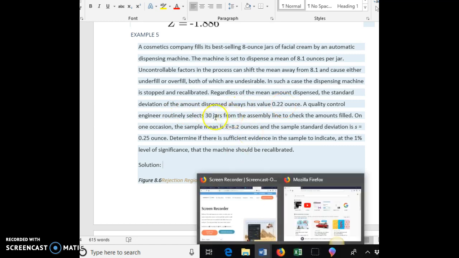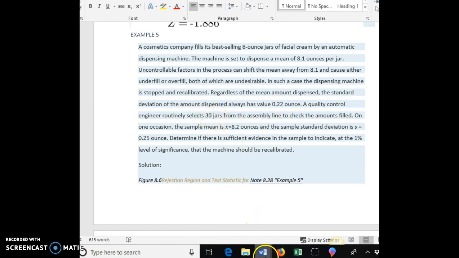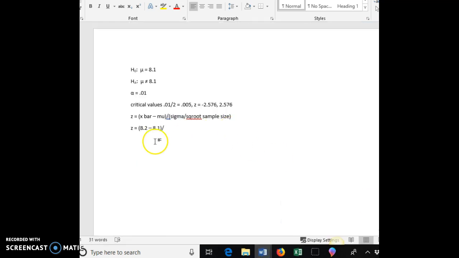So we're going to use that, with 30 as our sample size. So 0.22 divided by the square root of 30. And let's stick this into our calculator. The top's going to give us 0.1, and the bottom gives us 0.040166. And then if I go ahead and divide that out, rounding to 3 decimal places, I have 2.490.